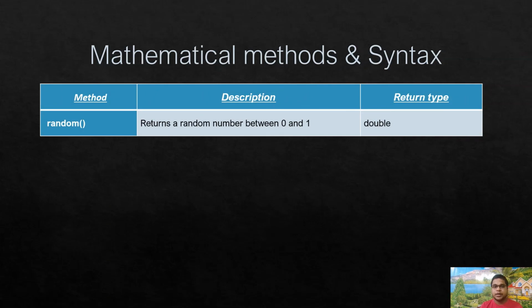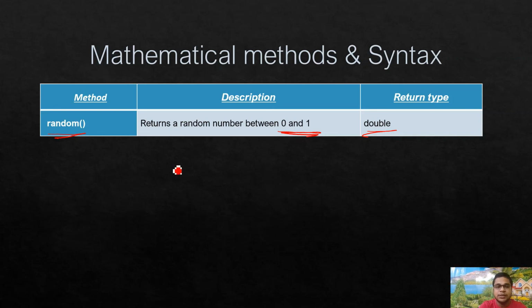There is another method called the random method, and in the random method there is no argument. It returns a random number between 0 and 1. The return type is double, meaning some kind of decimal value, and it returns any kind of random value that lies between 0 and 1.